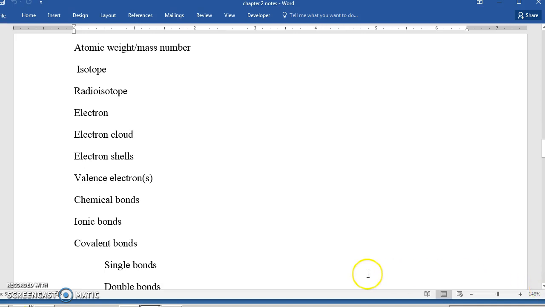And the first one I have listed here are ionic bonds. What happens with some elements, some atoms? A metal will tend to give up an electron or electrons, and a nonmetal, such as fluorine, oxygen, or chlorine, will tend to take on an electron or electrons. When they do that, they take on a charge. Because electrons are negatively charged, the nonmetals will tend to become negatively charged, and the metals will tend to take on a positive charge.